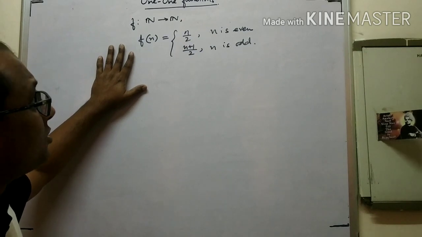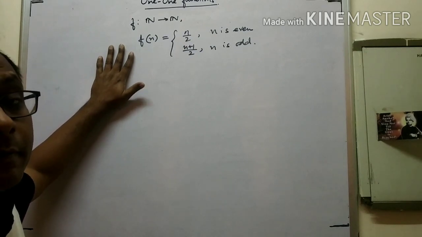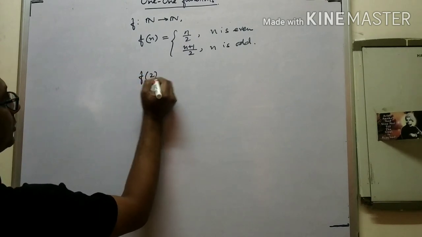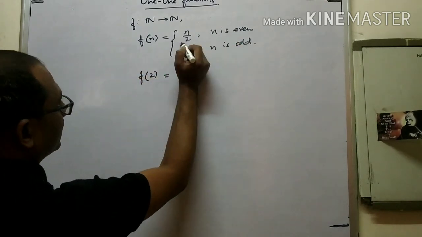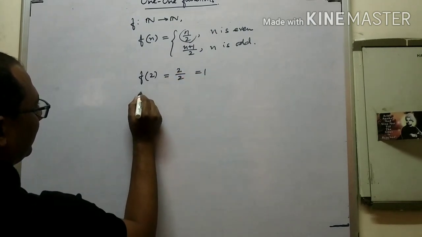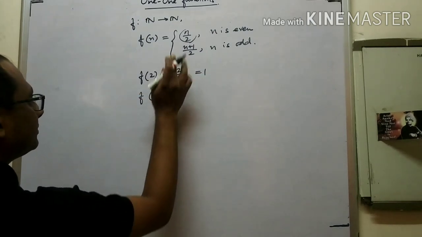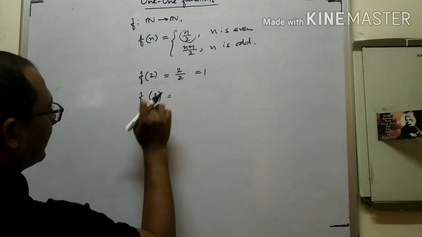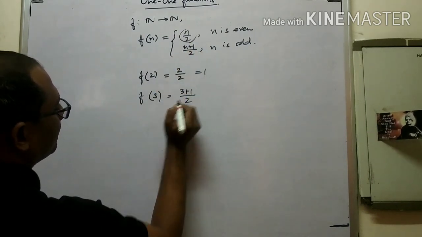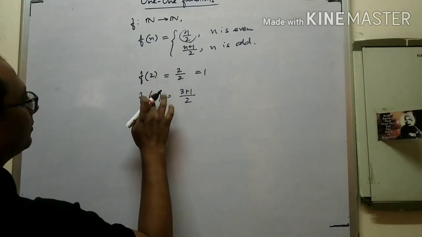Because we have a very strong counterexample here. In fact, many counterexamples. Let us find f of 2. 2 is even, so we'll go for this definition: 2 by 2, which is 1. And let us find f of 3. 3 is odd, we'll go for this: (3 plus 1) by 2. I should have gone for 1.